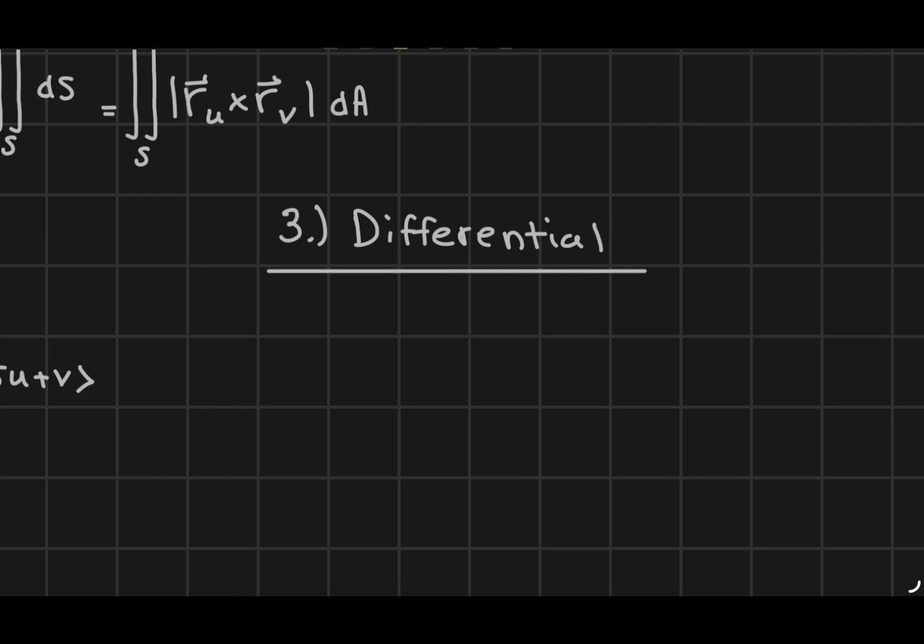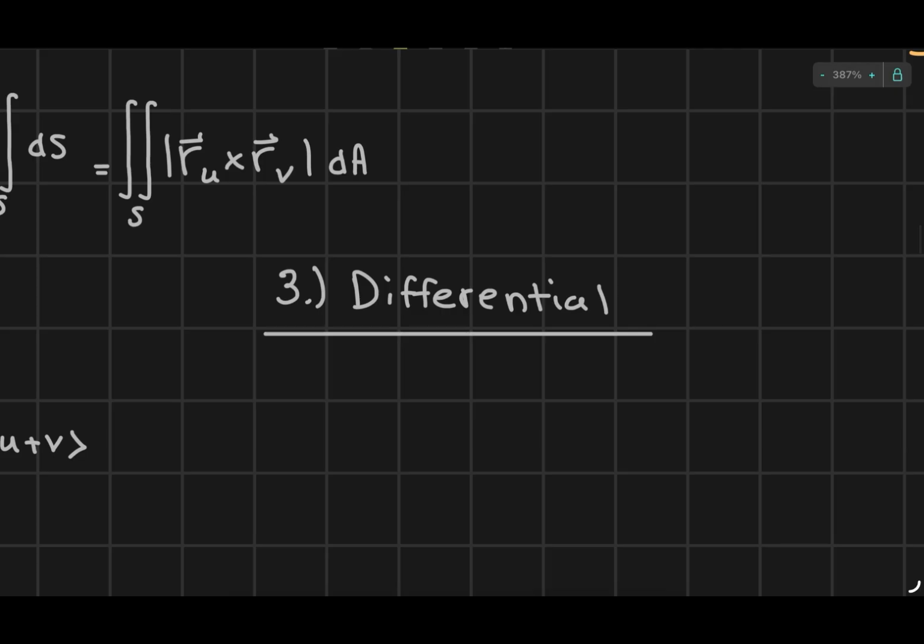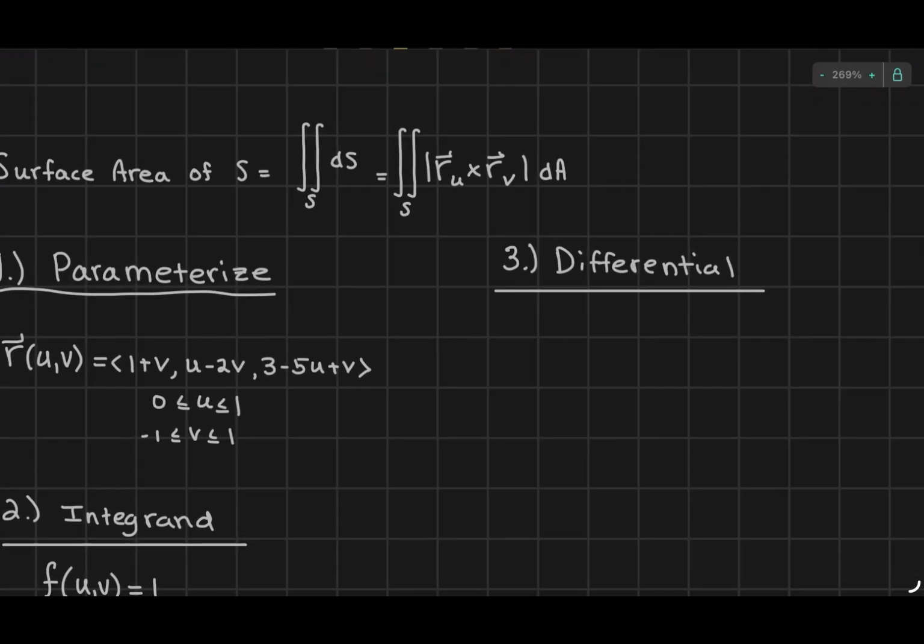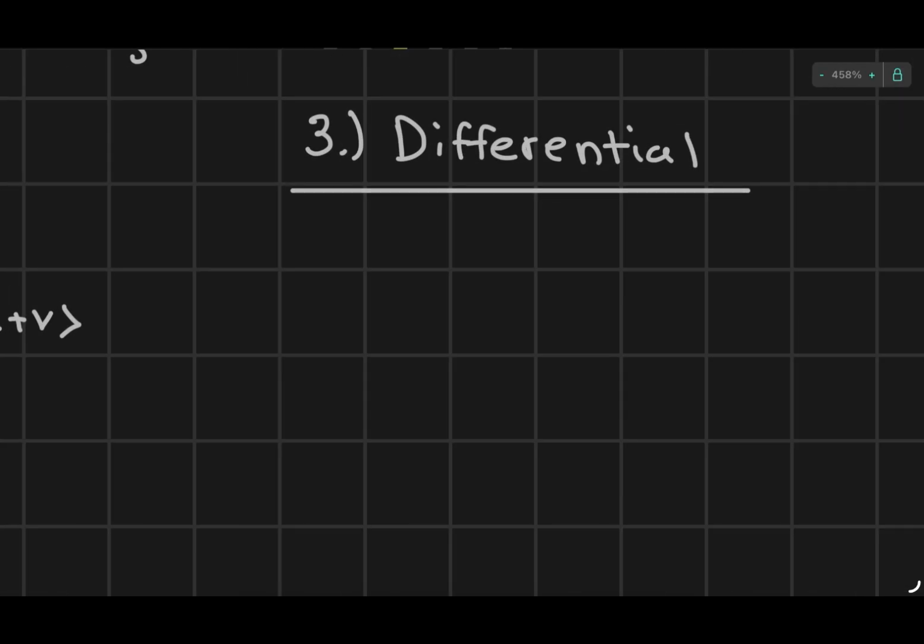Kind of looking at this right here, well, we're going to have r sub u cross r sub v, which is pretty much just saying we're going to take the partial of our parameterized surface with respect to u and with respect to v. We're going to take the cross product of that, and then we're going to take the magnitude of it. So let's just go ahead and do that step by step.